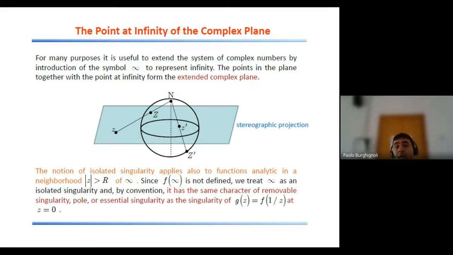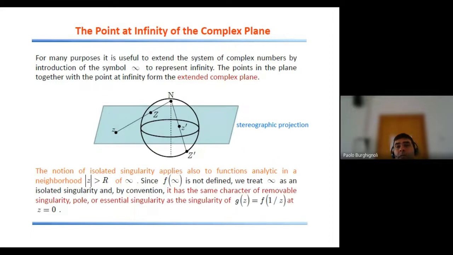Any polynomial has a pole at infinity whose order is equal to the order of the polynomial, as you can guess by replacing z with 1 over z and examining what happens to the resulting g function in the neighborhood of the origin. And finally, we can say that the function f has an essential singularity at infinity.